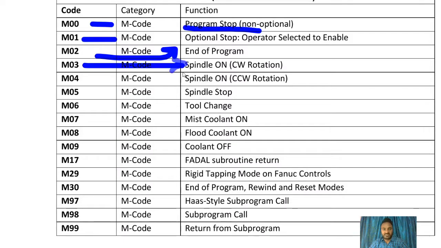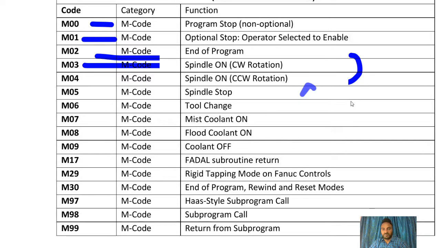Obviously if you are going to machine you have to turn on the spindle, and when you write the code M03, it means spindle rotation takes place in the clockwise direction. Then M04 is spindle on counterclockwise. Then M05 is spindle stop.